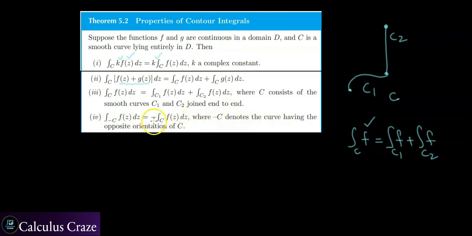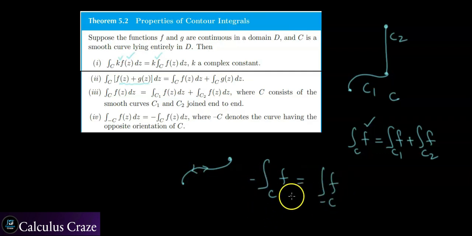So if a curve is oriented this way, let's say, and you have integrated it, and then you take the integral, but you change the orientation. So in that case you will have this property. If you change your orientation, you will have minus times the new integral, right? Or let me restate it.